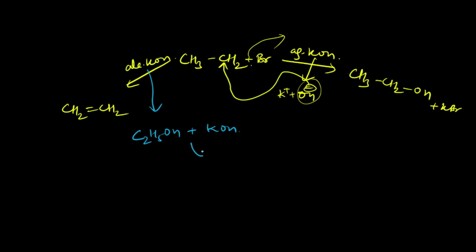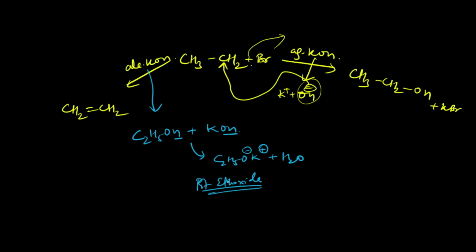After these two react, they form C2H5O minus and K plus, as well as water. This hydrogen and this OH form water, leaving K plus and O minus. What is the name of this? It is potassium ethoxide. And you know that this one is a stronger base than OH minus.